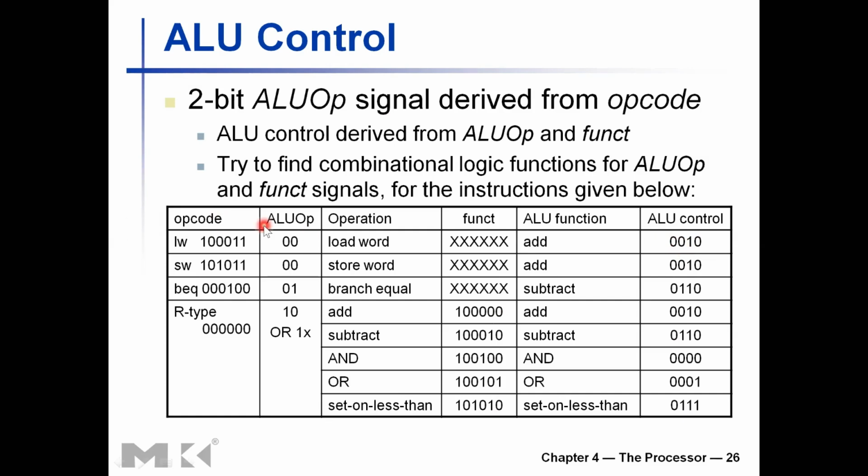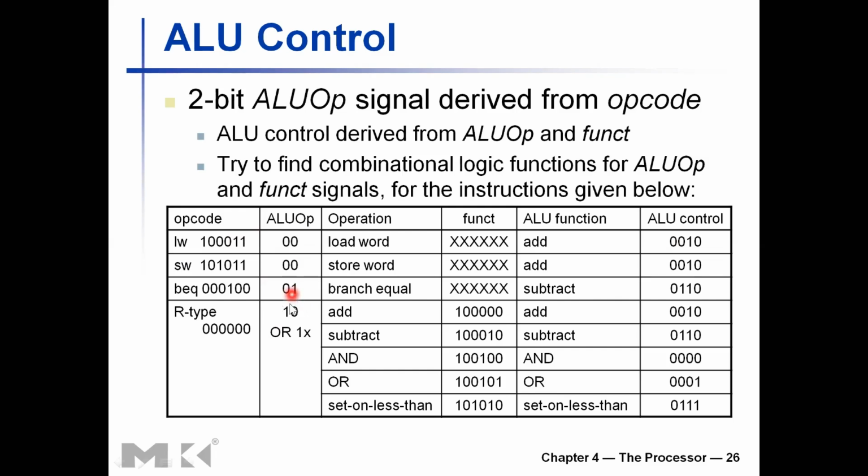Like I said, in the first step, we derive an ALU op signal, a 2-bit signal, purely based on the opcode. Since load word and store word use the same ALU functionality, they can use the same ALU op. Branch if equal uses a different ALU function, so a different ALU op signal.